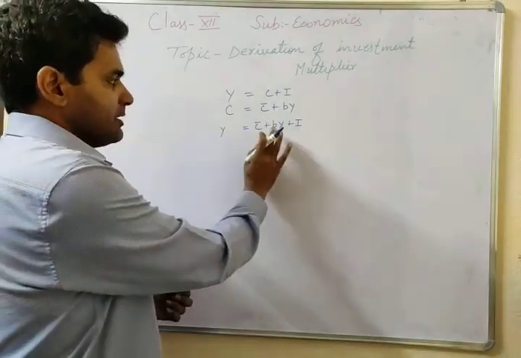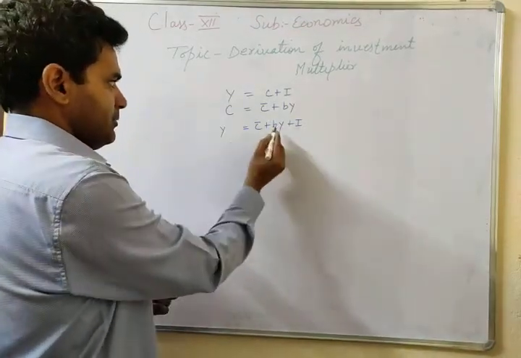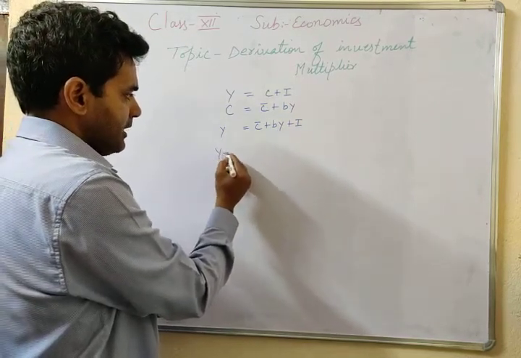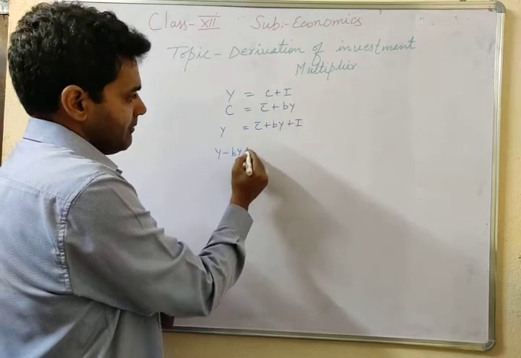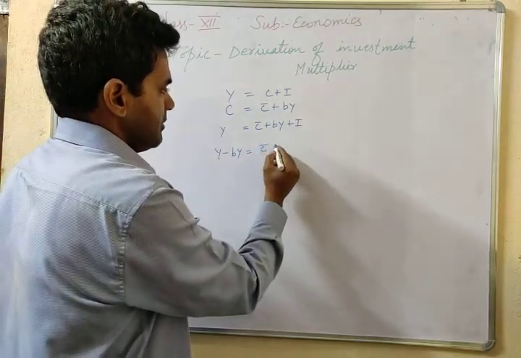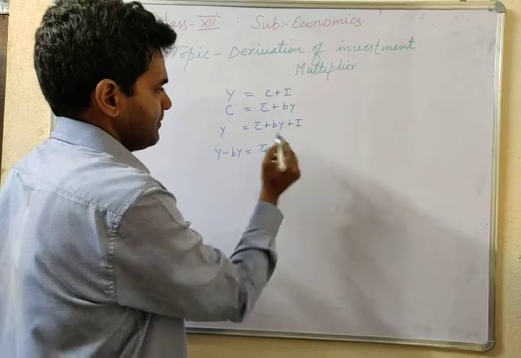We put together the value of Y, so we take this bY to the left hand side. It becomes Y minus bY is equal to C bar plus I.